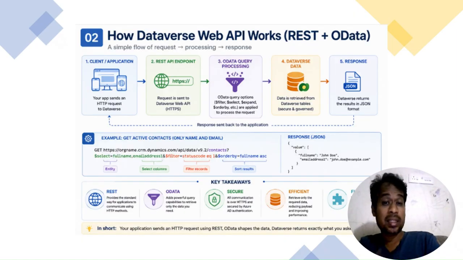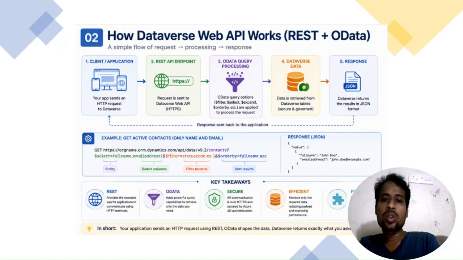In point number 3 we have filter, select, expand. Select: if you want to restrict specific columns of each record, you use select and define the columns you need, as comma-separated columns.